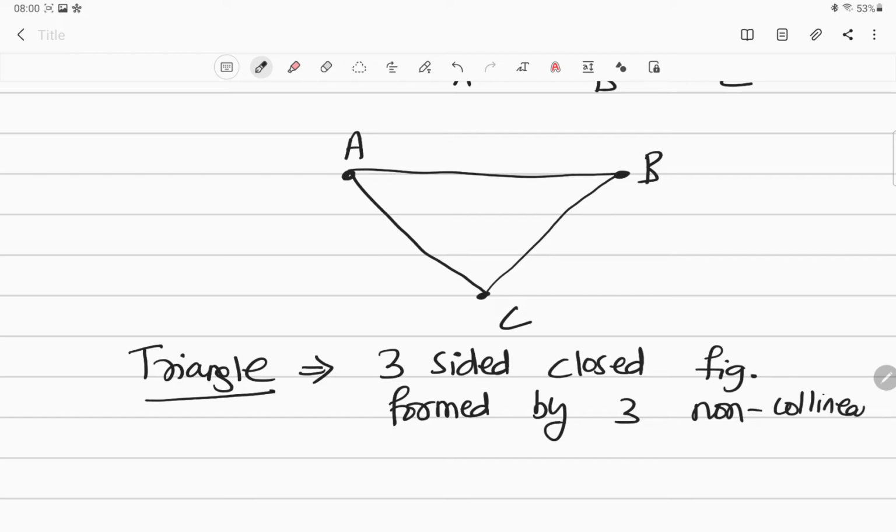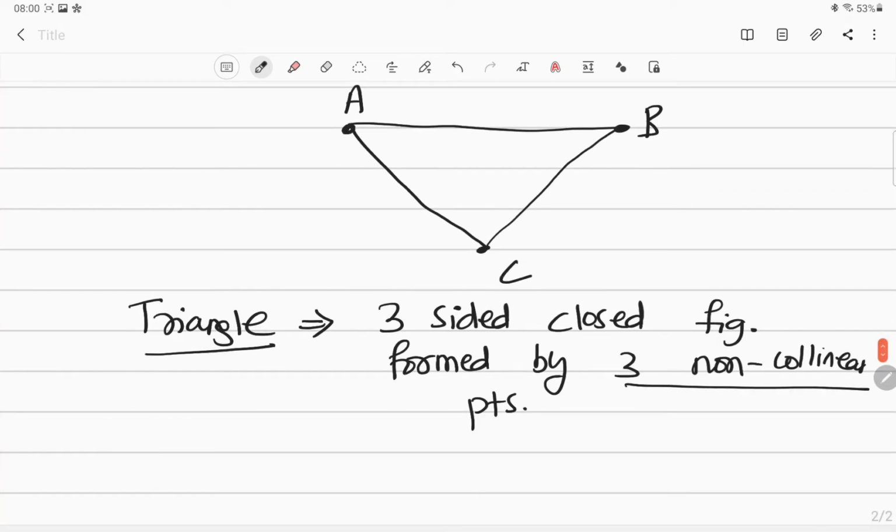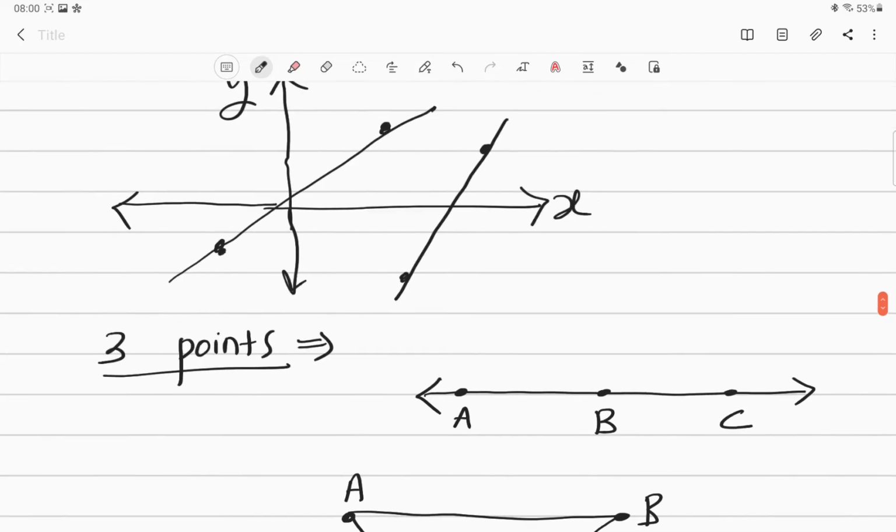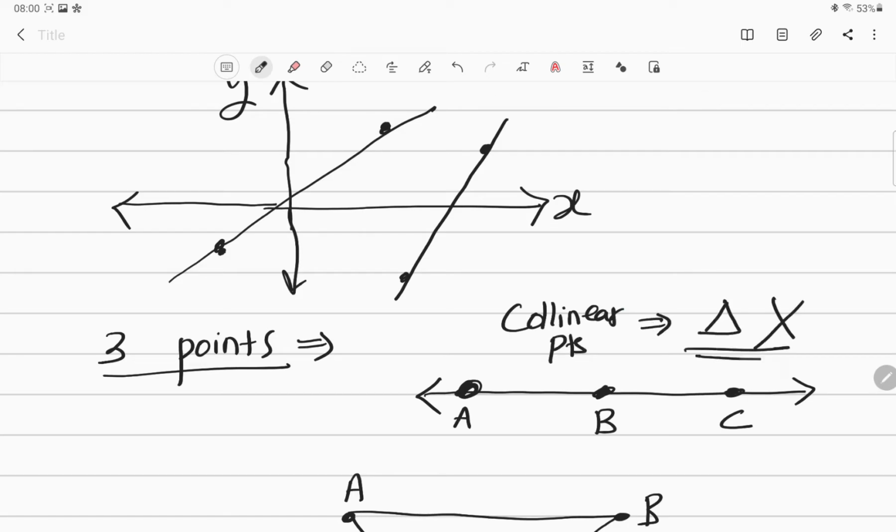To form a triangle, three non-collinear points must be there. If collinear points are there, for example points A, B and C on one line, then no triangle can be formed.